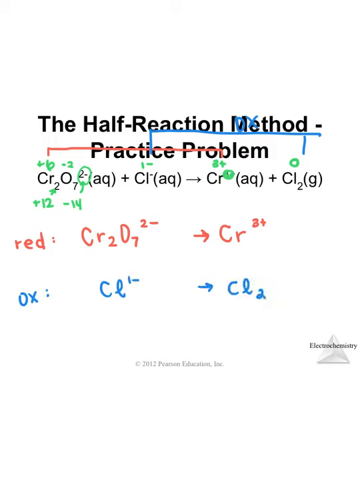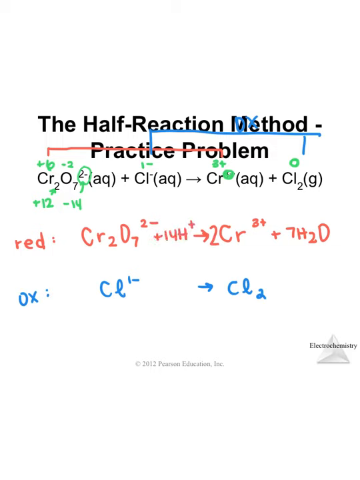Okay, so first thing I'm going to do is balance the elements. I've got 2 chromium in, so I need a 2 here. Now I have 7 oxygen on my reactants, so I need 7 waters in my products, which gives me 14 hydrogen, so I'm going to add in those 14 hydrogen.